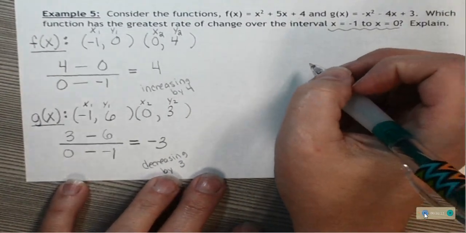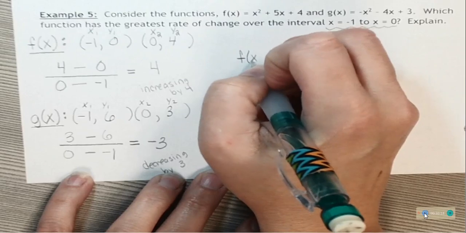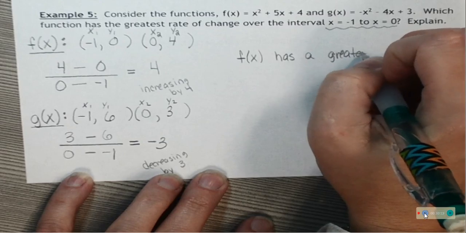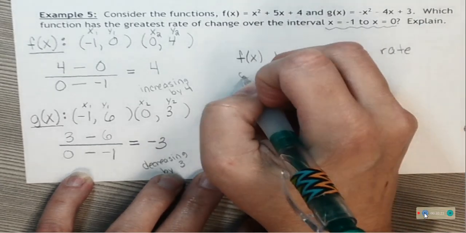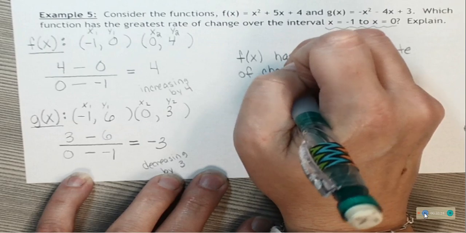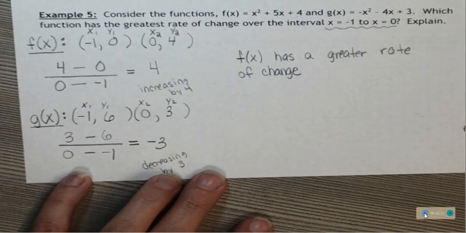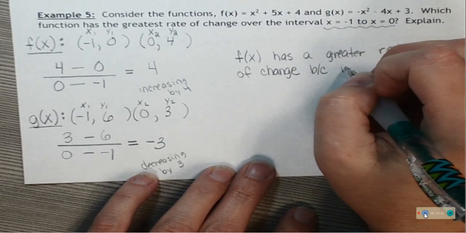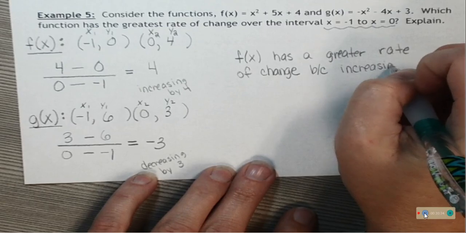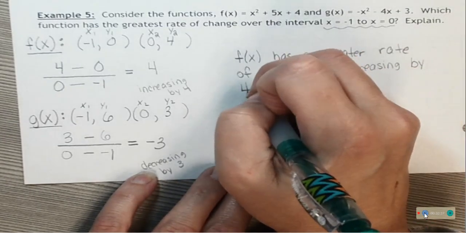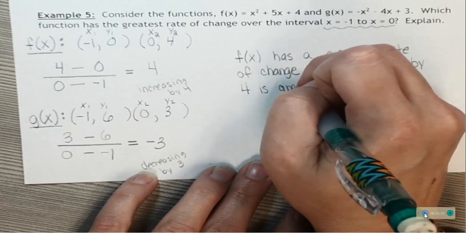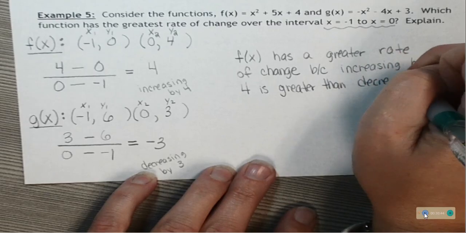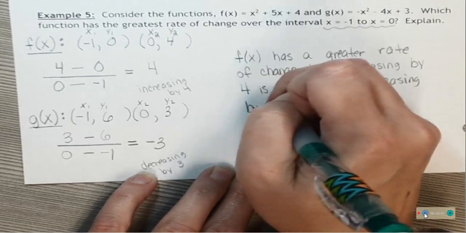So you would say f of x has a greater rate of change. Now remember, I'm making you write this so when you look back at it, you know why. Because increasing by 4 is greater than decreasing by 3.